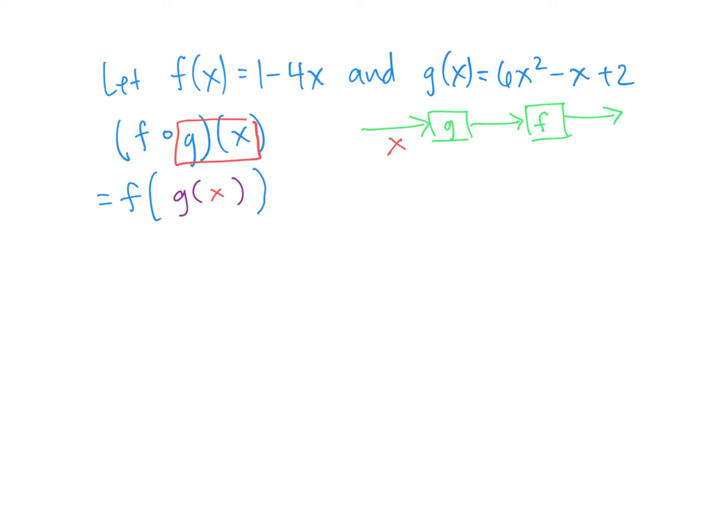Okay, over here on the roadmap. If I plug x into g, what am I going to get back? I'm going to get back g of x, whatever g of x is. So this is f of what? What is g of x? G of x is 6x squared minus x plus 2.